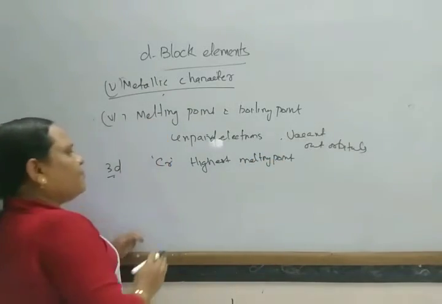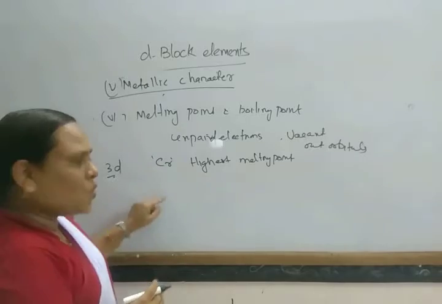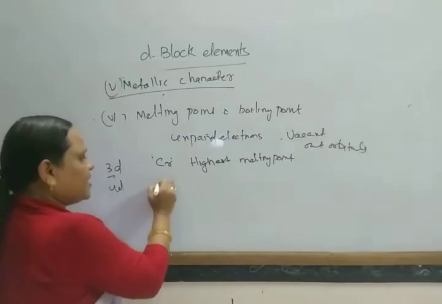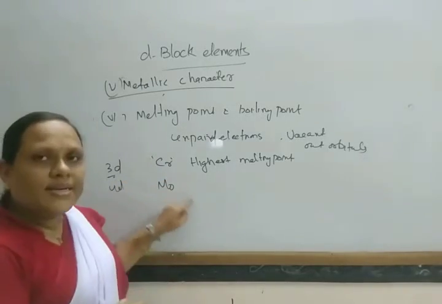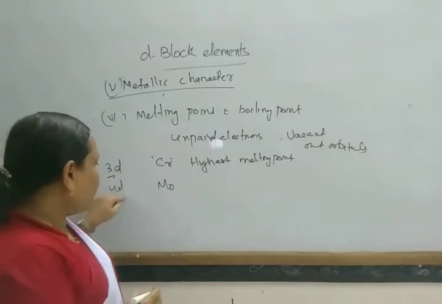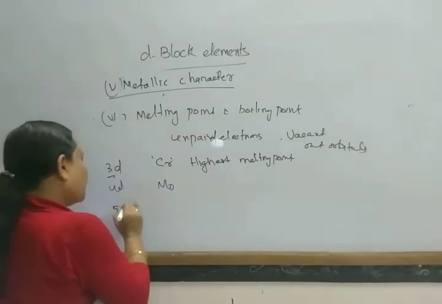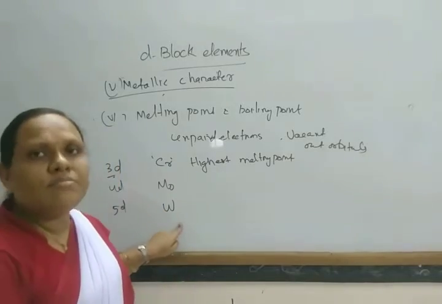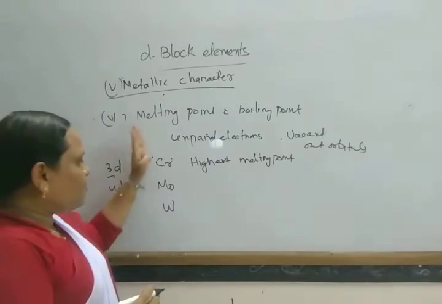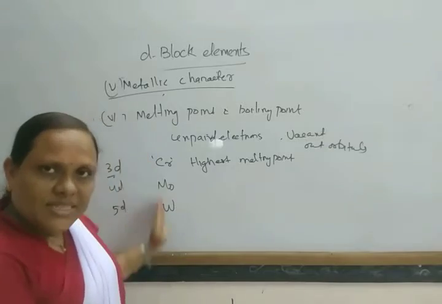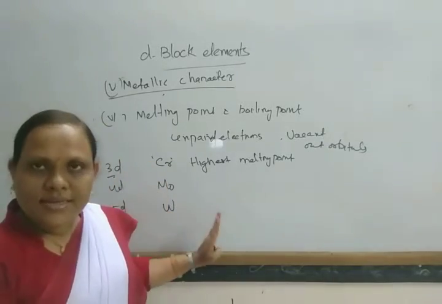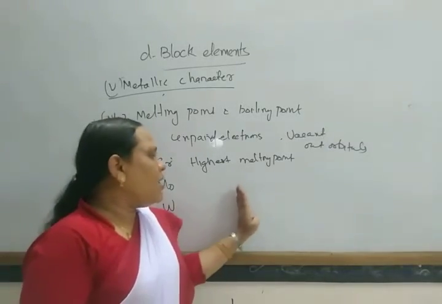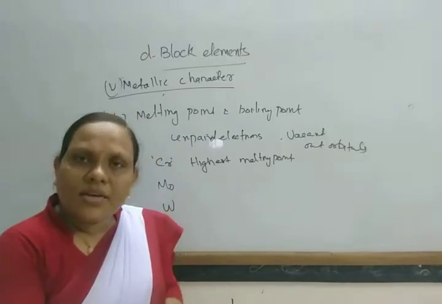Similarly, the element present below chromium in the 4d series, molybdenum, also has the highest melting point in the 4d series. Among the 5d series, tungsten has the highest melting point. Towards the middle of the series the melting point increases and then decreases due to the pairing of electrons.